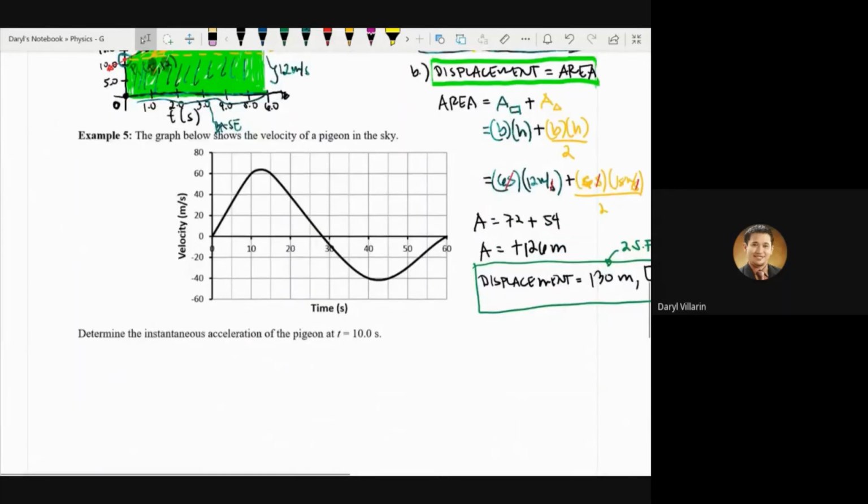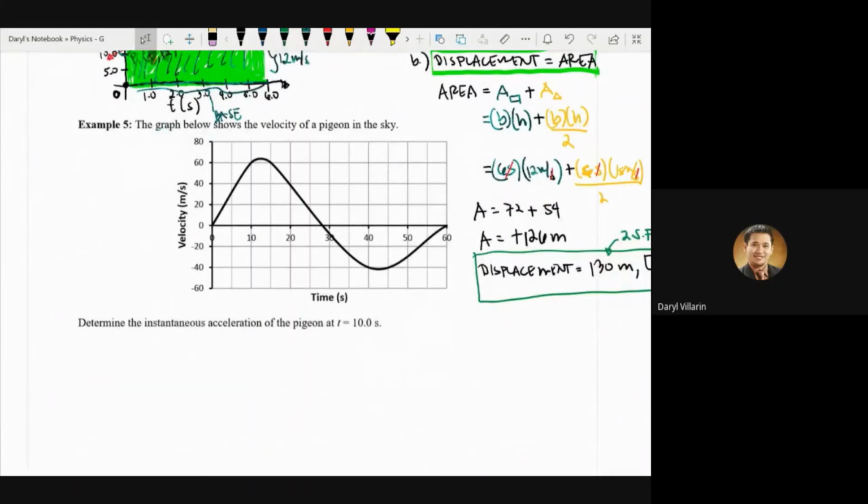Okay, let's proceed to example number 5. The graph below shows the velocity of a pigeon in the sky. And if you can see, this is a little bit sinusoidal in nature. Let's say I use east as my positive direction, so the negative direction is west.